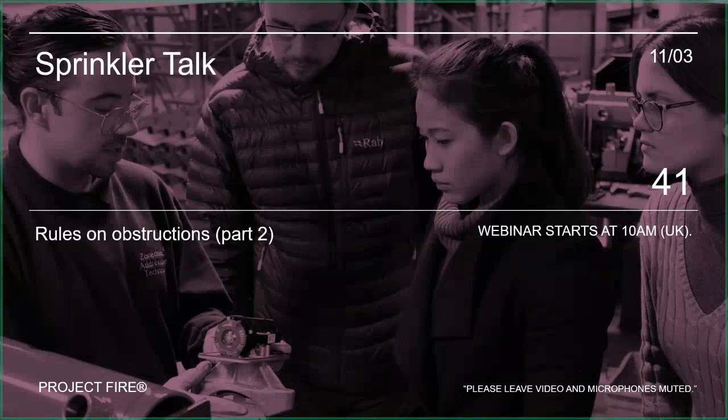This is part 2 of what I started last week on rules on obstructions. In part 1, we looked at what I would consider the most basic of obstructions. I suppose the number one basic obstruction is just walls, but I didn't count those. You've always got to match the sprinkler head spacing to what walls you've got.